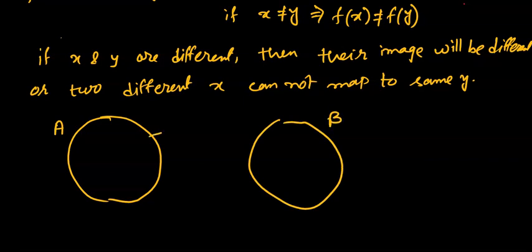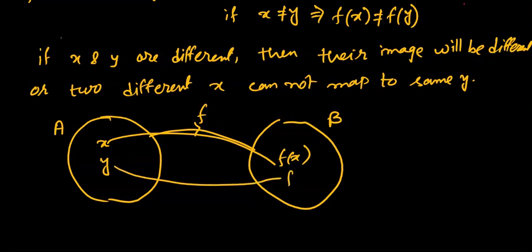So if we see this pictorially, suppose this is our set A and this is our set B. f is a function from set A to set B. Suppose this is our x, this is y. So if f is injective, then f(x) must be this and f(y) must be something different.